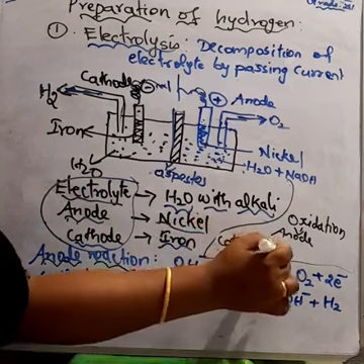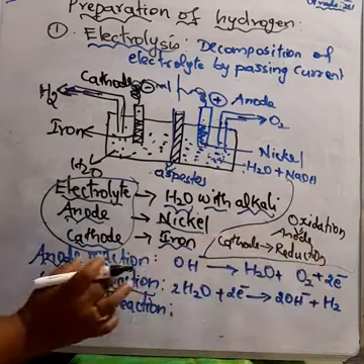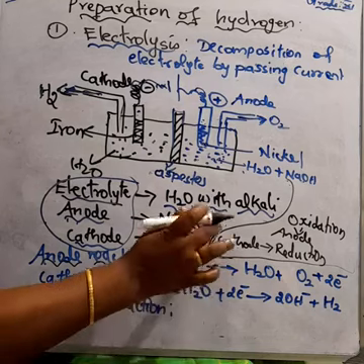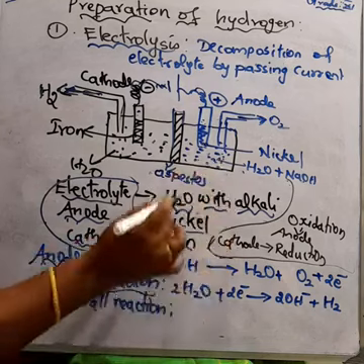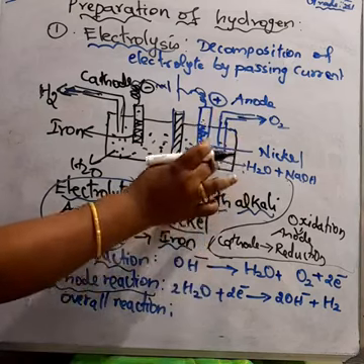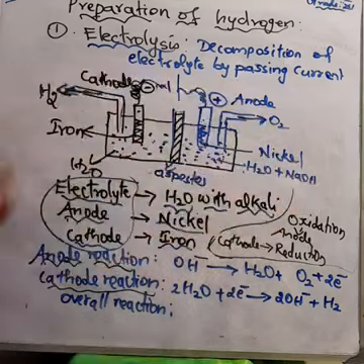So what is the anodic reaction that takes place here? We know this is the anode. The anode consists of a nickel electrode, and the electrolyte we are using is water mixed with alkali. We are taking sodium hydroxide as the alkali.